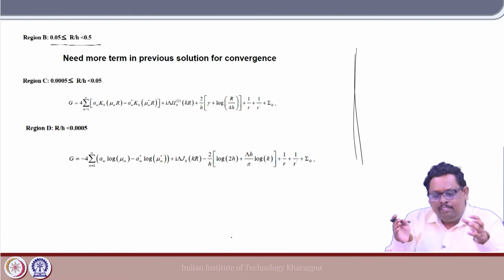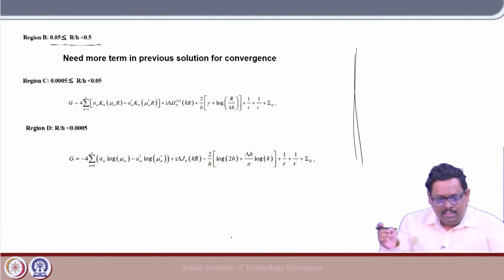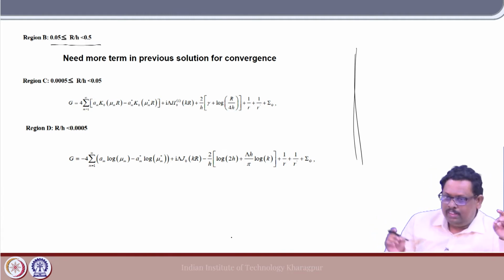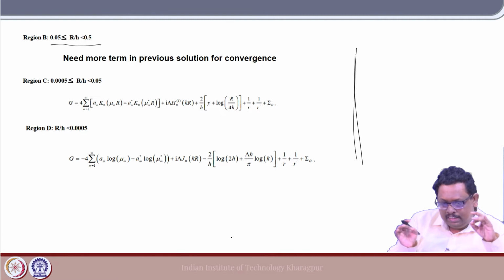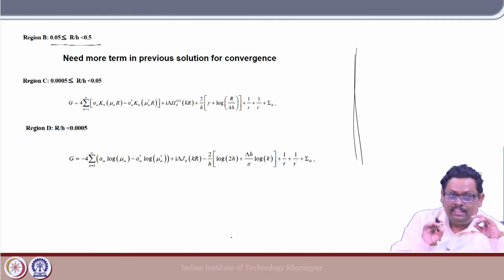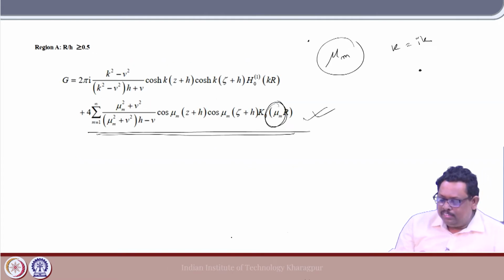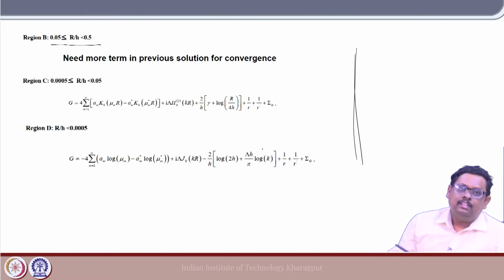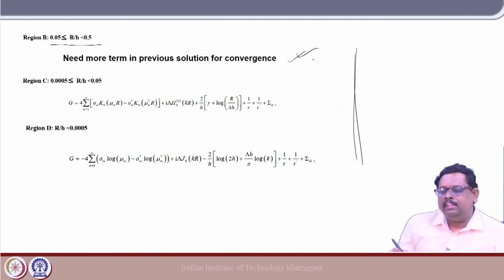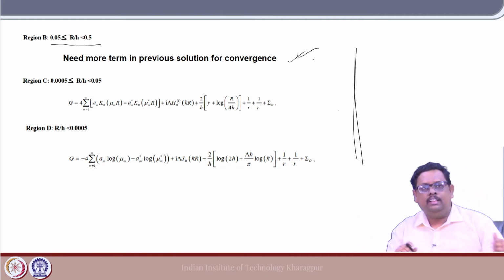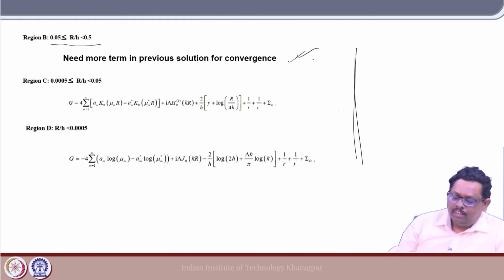That means the source point and the field point are a little bit closer, so you need more terms. For example, in the first region let us say 10-15 terms give a converged solution; in this situation you need some 30-40 terms to get convergence.